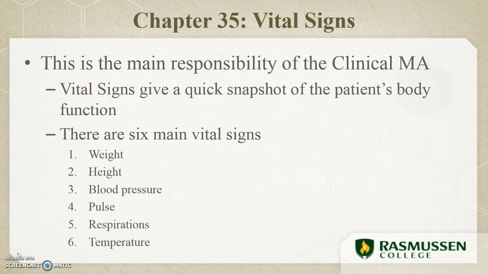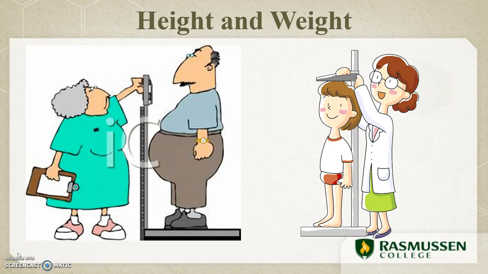So let's talk about each of those a little bit more in depth. Let's start with height and weight. So typically, these two vital signs will get completed together, as most of the time the scale is the height measuring stick, or vice versa. So weight is one of the first vital signs you will take for patients.